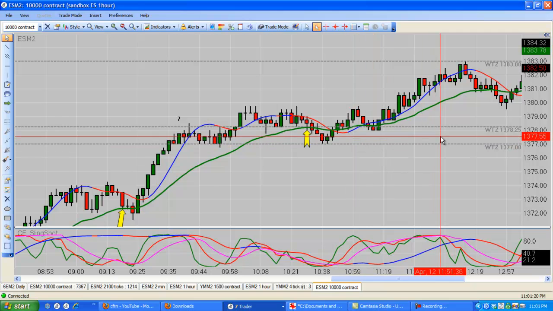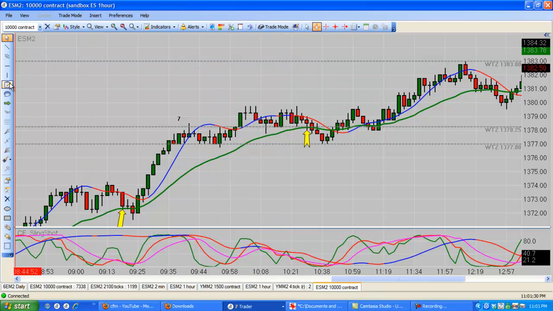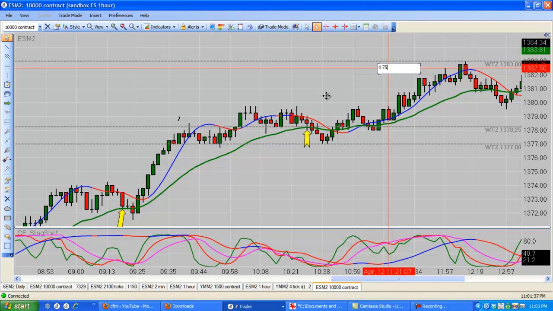And then price goes from 78.25 up to 83. 83 minus 78.25 equals 4.75 points. Again, in the interest of reality, that's how far it traveled from entry to the zenith, as it's called.